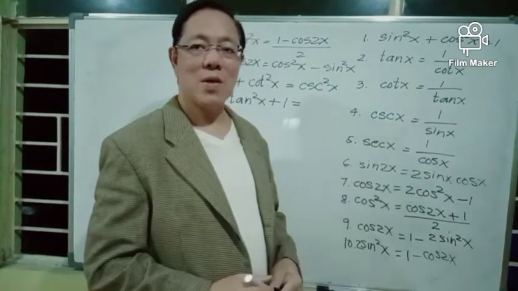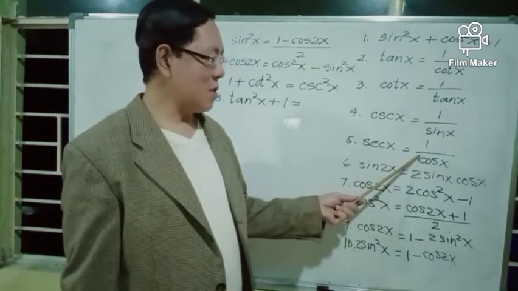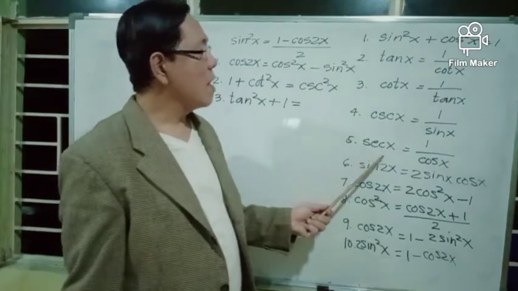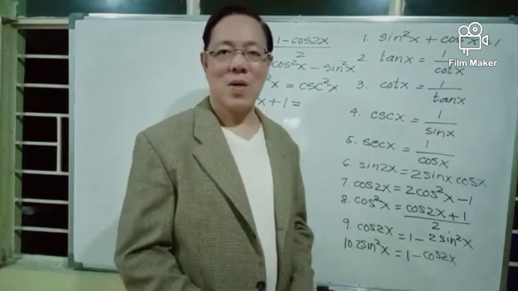We simplify using the reciprocal identity: 1 over cosine x is secant x. Therefore, 1 over cosine squared x is secant squared x.